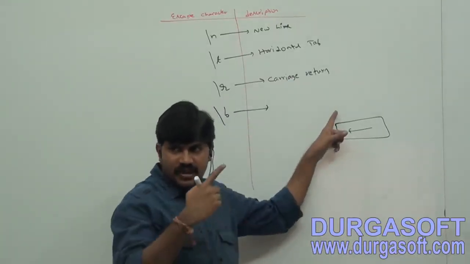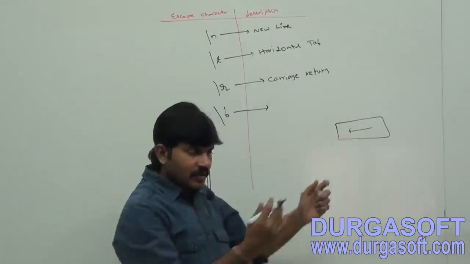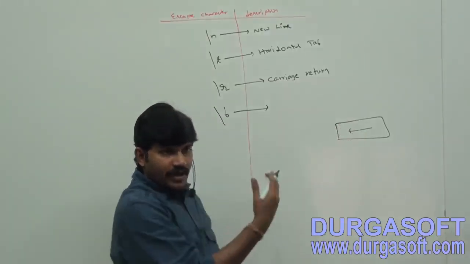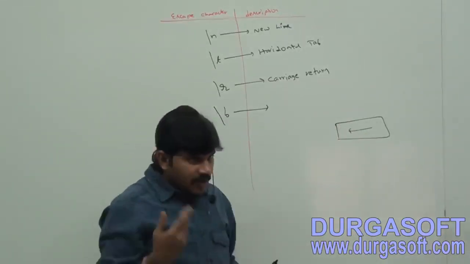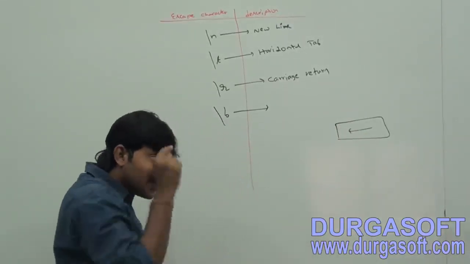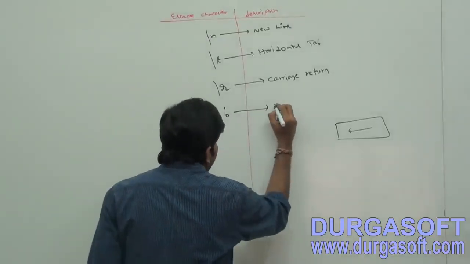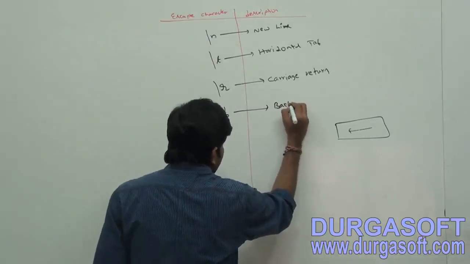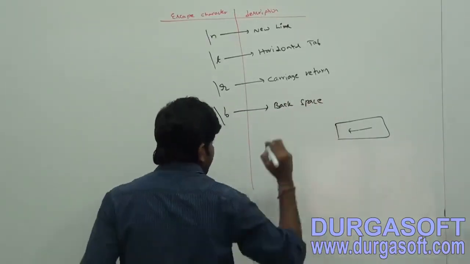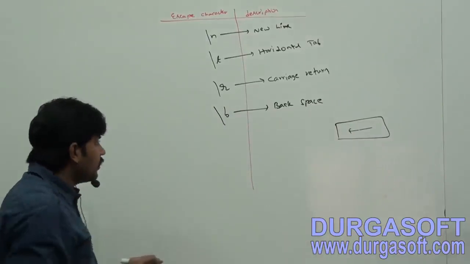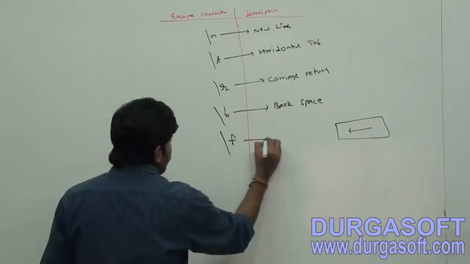If I click this one, then the cursor moves one cell back. If any character is there, it will be removed. If you want that functionality, then we have to keep what? \b. So it is the backspace character, not blank space.